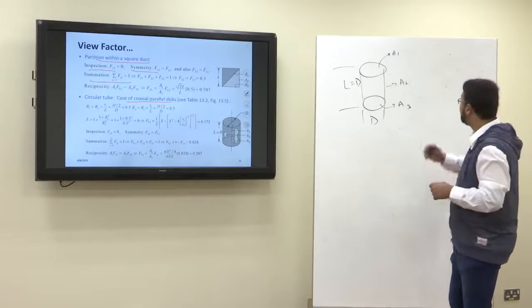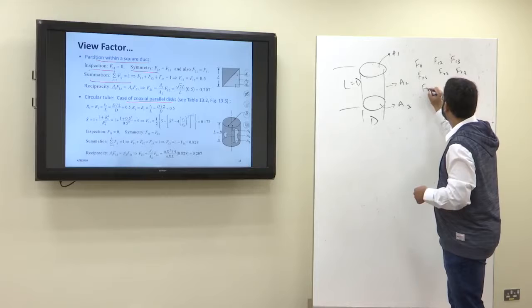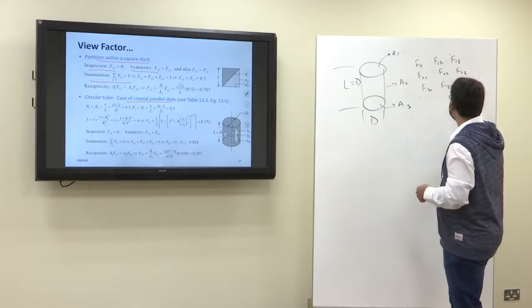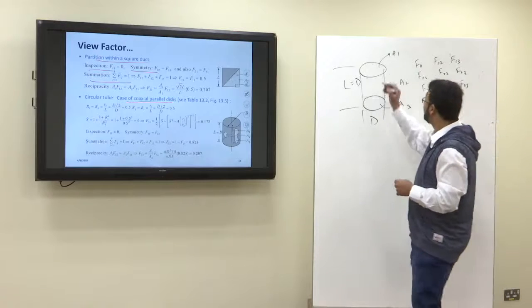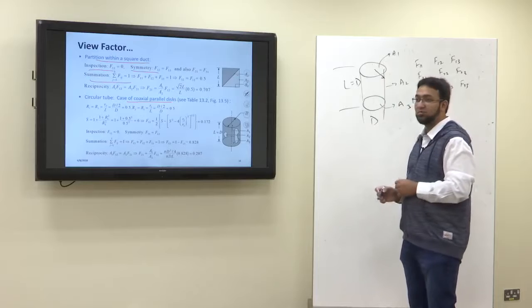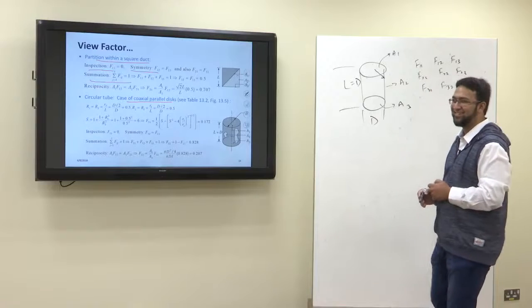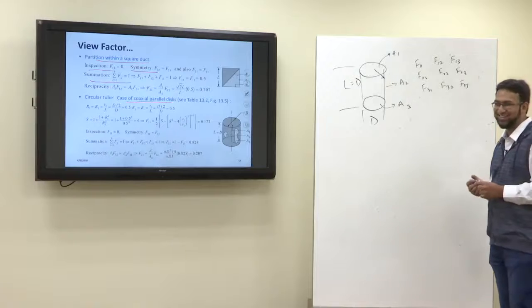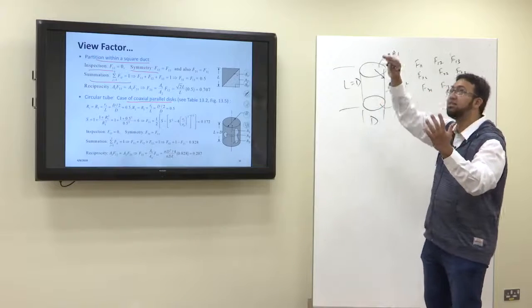First of all, let's make the matrix: F11, F12, F13, F21, F22, F23, F31, F32, F33. Yes, it is 3D.